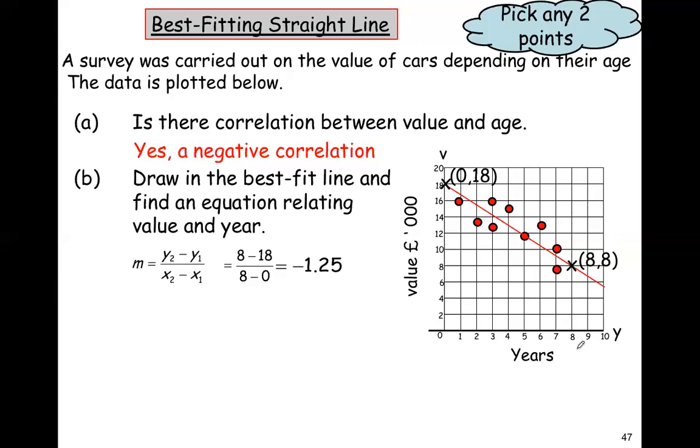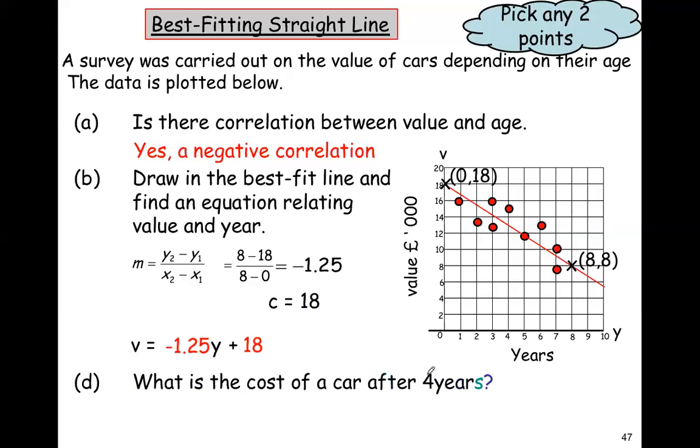But this time, because we've got an intercept, the intercept is c. Remember mx plus c. c is the value when x equals 0, and you can see the point there, c equals 18. Then you can write v, the value of the cars, as negative 1.25 y, the number of years, plus 18. So that's how we would answer this question: the equation relating value and year.